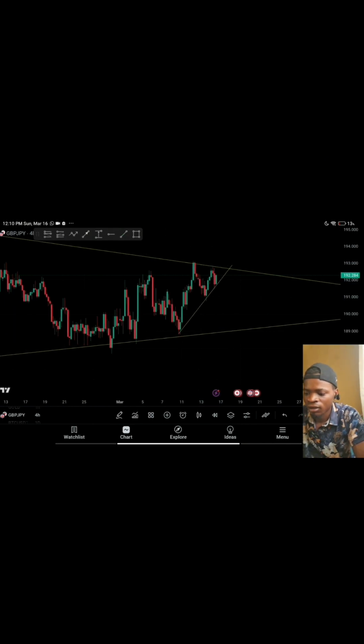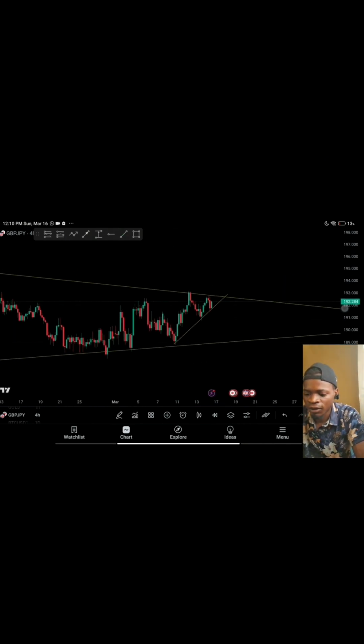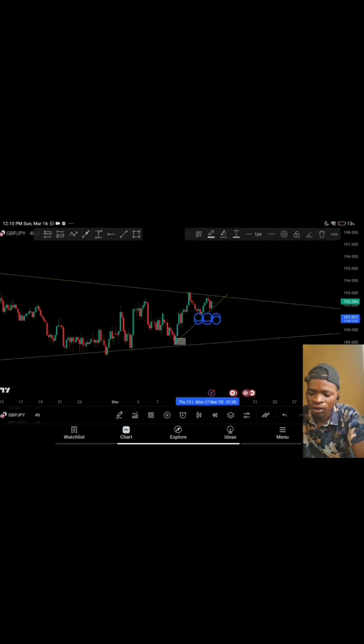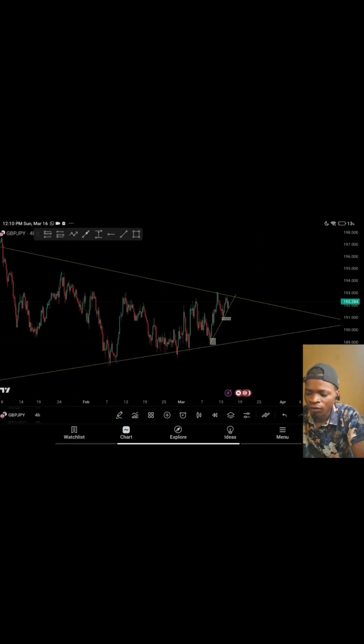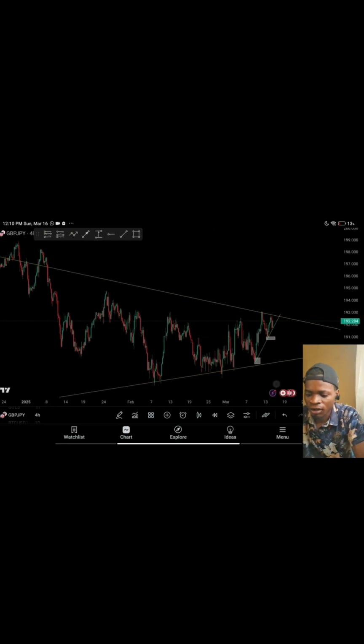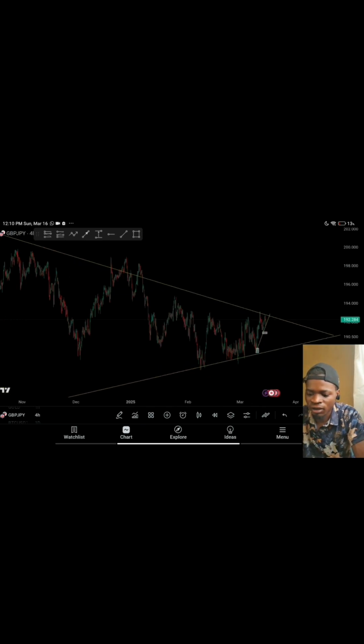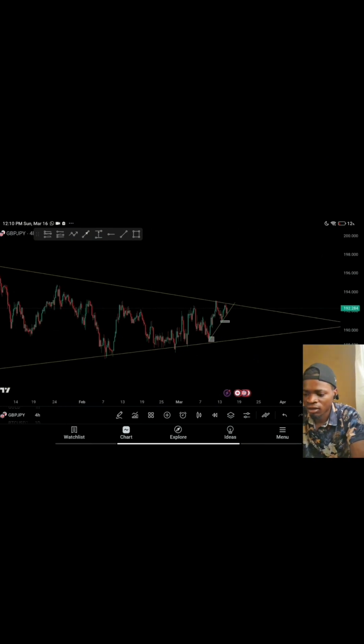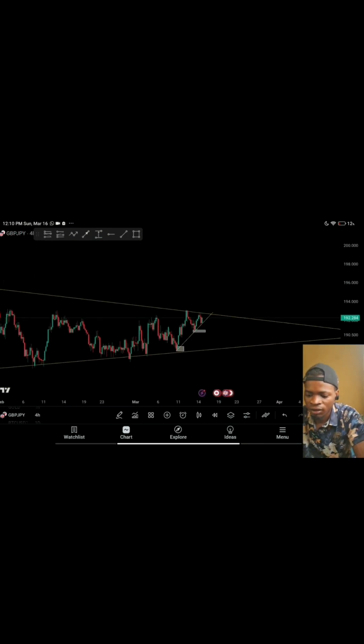You can see price is respecting this place and this place. This is the first touch, this is the second touch, and also on the same 4 hours time frame, you can see price is still respecting this resistance trend line right here.